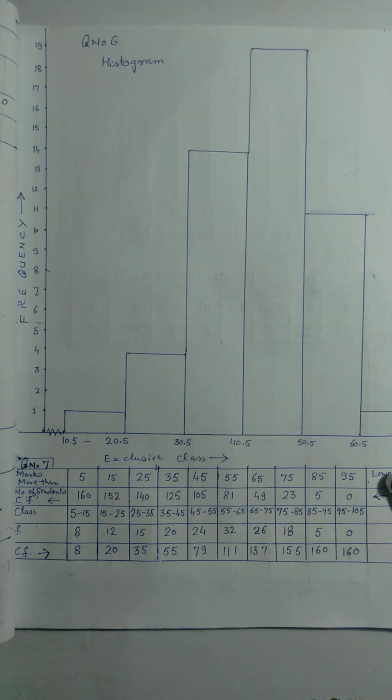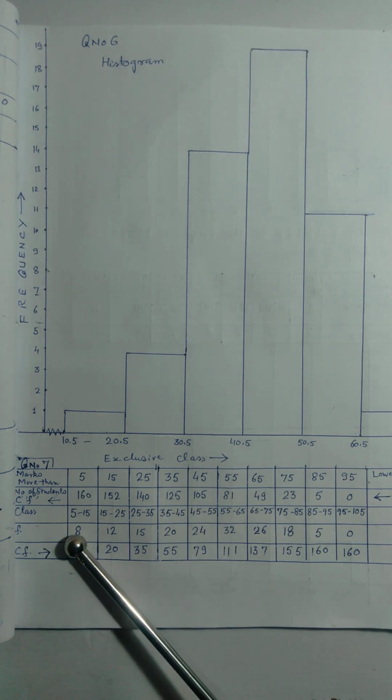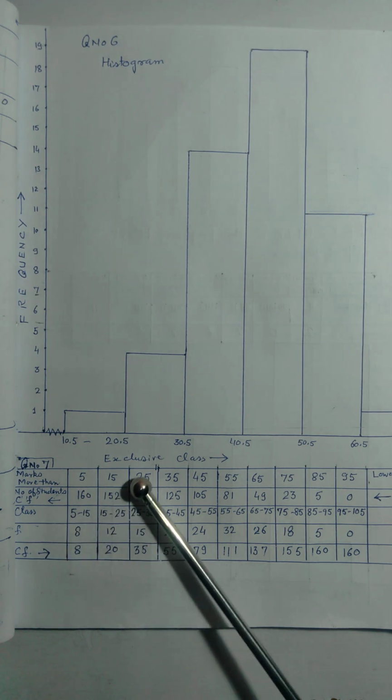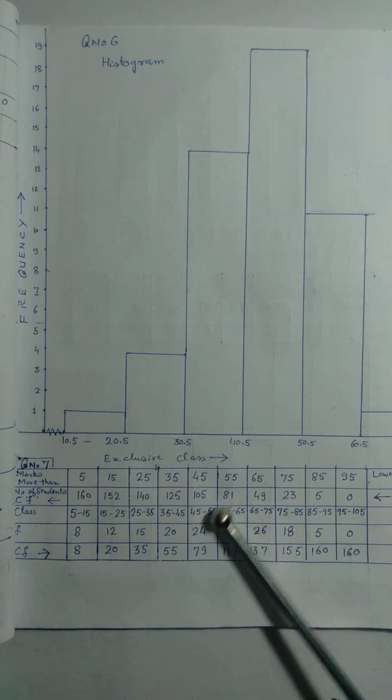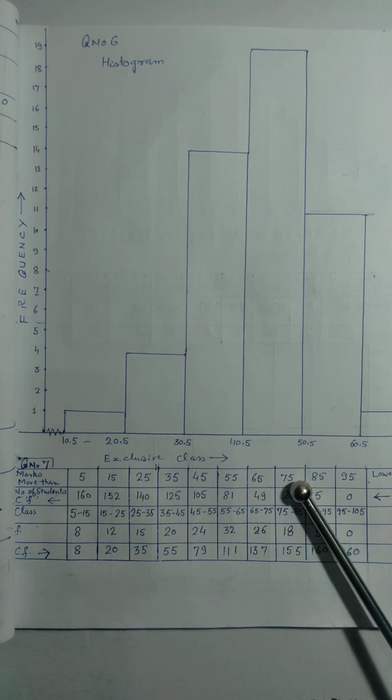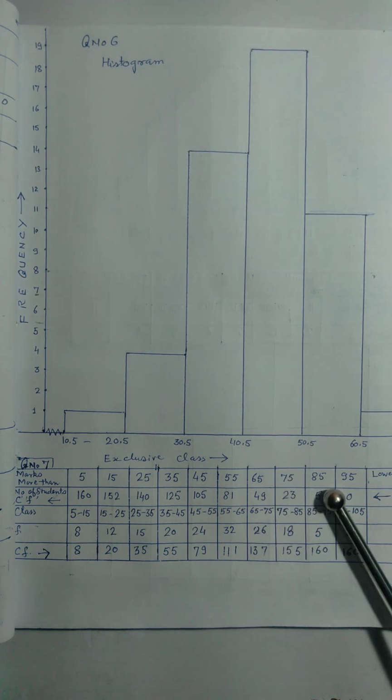I have written here lower limit. So to make the class, I have written here 5, 15, 25, 35, 45, 55, 65, means इस क्लास का लोअर लिमिट ये होगा 75, 85, 95.